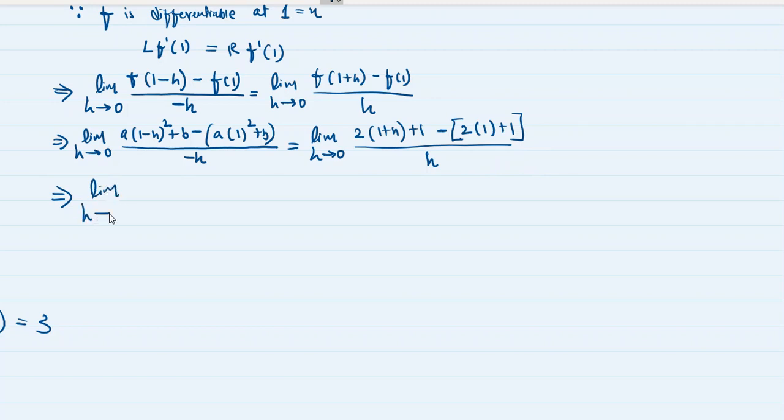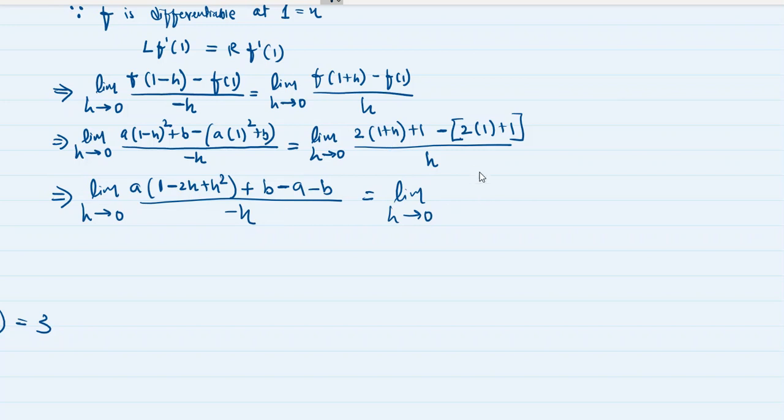So the limit when h tends to 0 of this will become a(1 − 2h + h²) + b minus a minus b, the whole upon minus h, is equal to the limit when h tends to 0 of 2 + 2h + 1 minus 2 minus 1, the whole upon h.